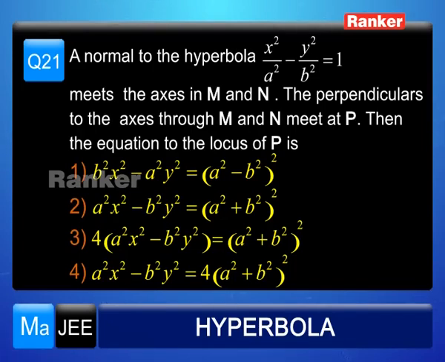Third option, 4 into a square x square minus b square y square is equal to a square plus b square the whole square. Fourth option, a square x square minus b square y square is equal to 4 into a square plus b square whole square.